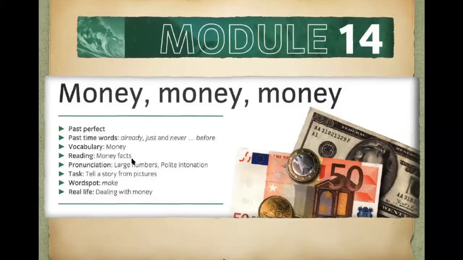Pronunciation: we're going to pronounce some large numbers and polite intonation. The task is that you're going to tell a story from pictures, and word spot is make. And in real life, we're going to deal with money.